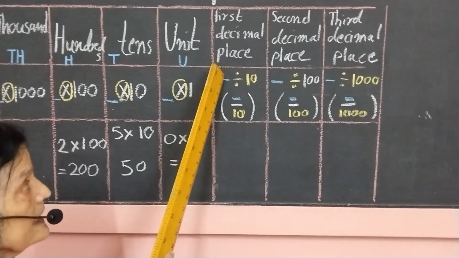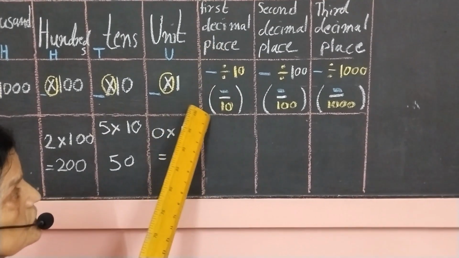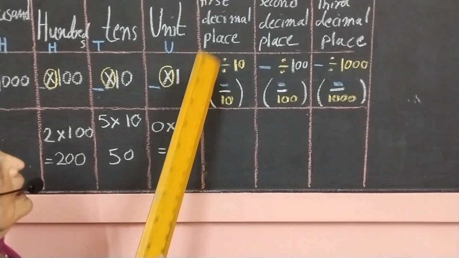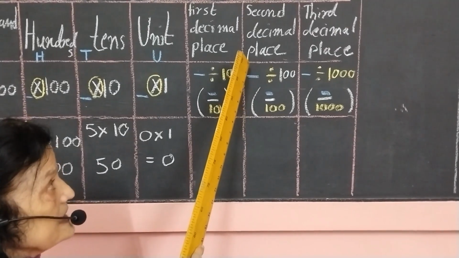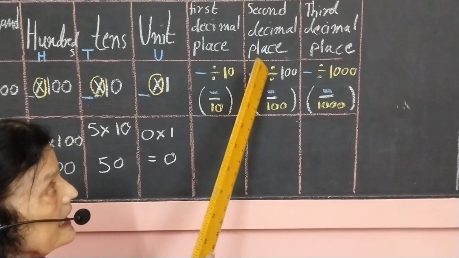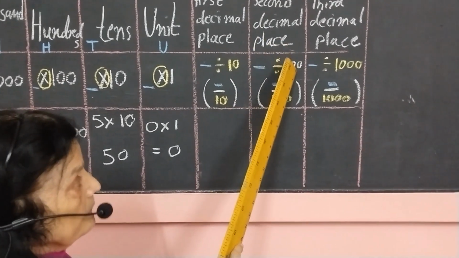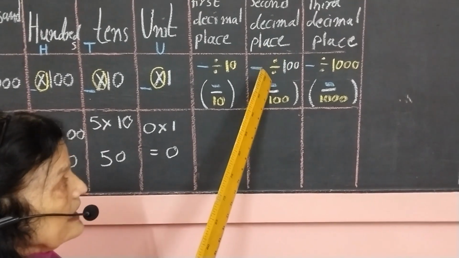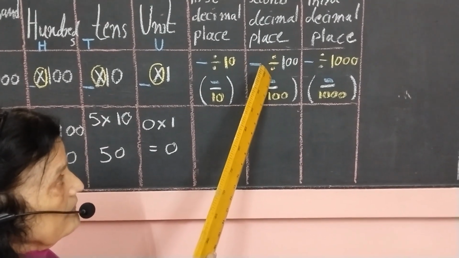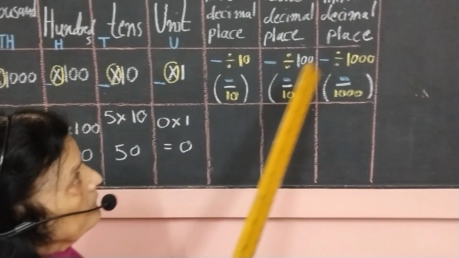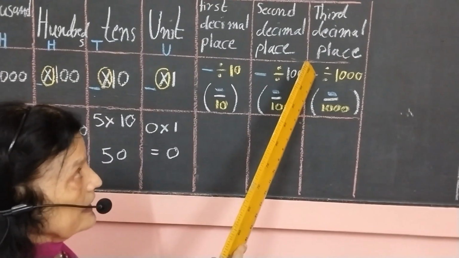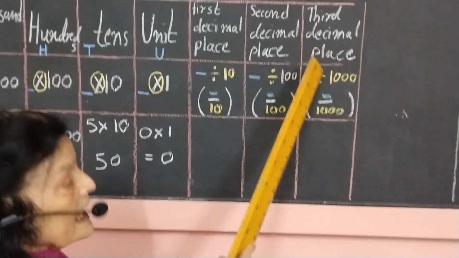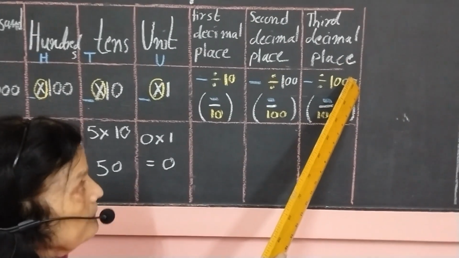And this divided by 10 is also written like this. Then for the second decimal place, whichever number comes in the second decimal place has to be divided by 100. And hence we can write it like this, the number given upon 100. For the third decimal place, the number which comes in the third place has to be divided by 1000.